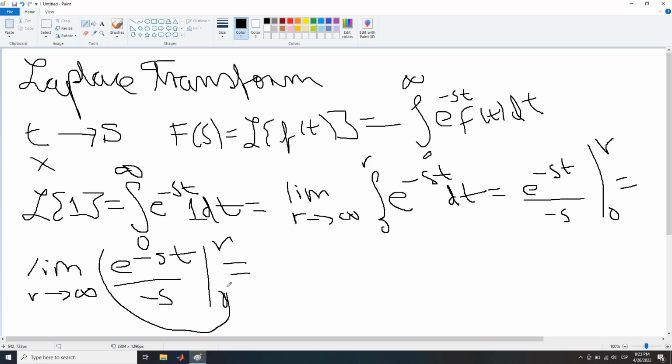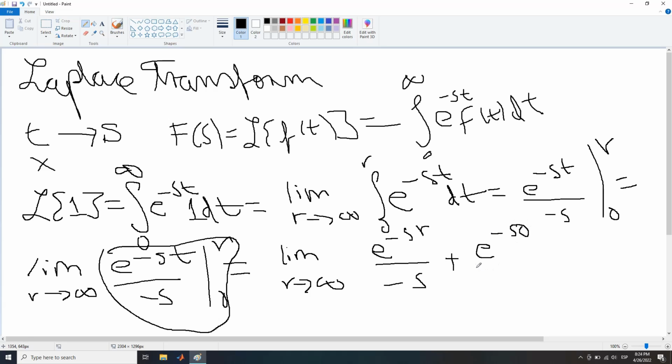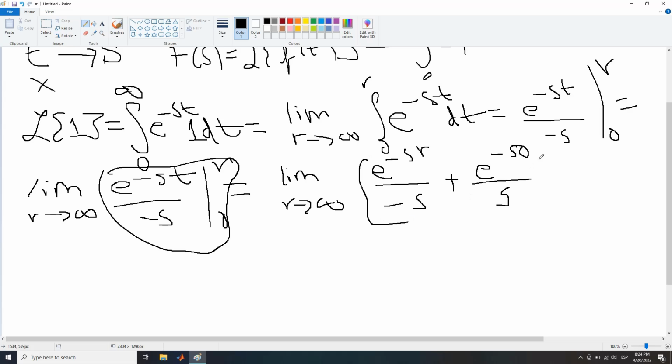So first we solve this part. Again, the limit when r tends to infinity of e to the minus s r over minus s, and here will be minus, but we have a minus, so plus e to the minus s0 over s. So here we have to apply the limit. The limit when r tends to infinity of e to the minus s r over minus s will be equal to 0, as we can rewrite this like 1 over e to the s r.